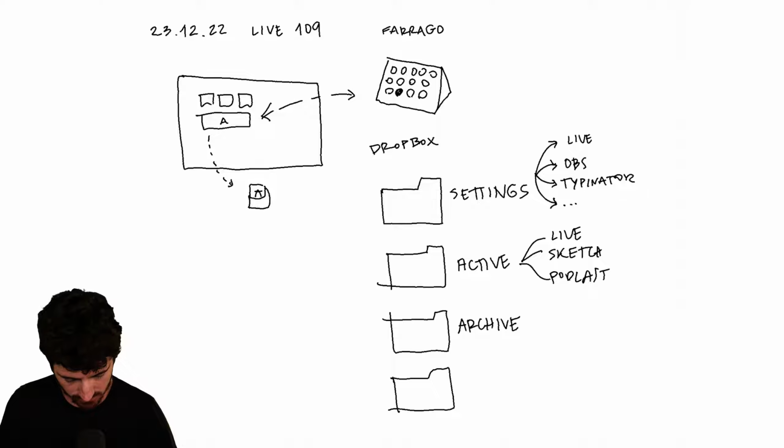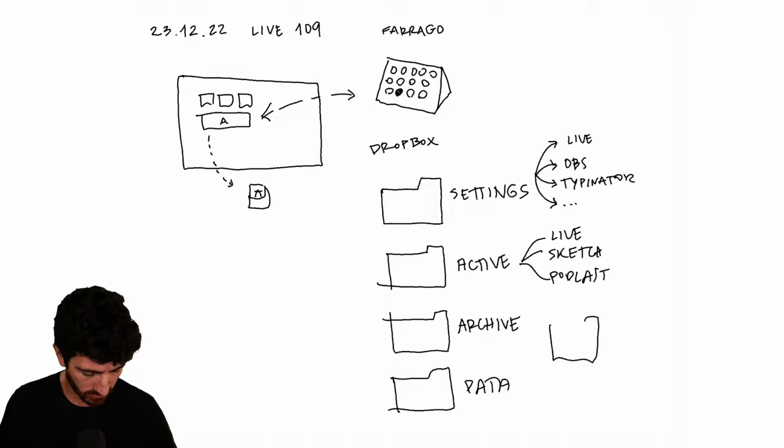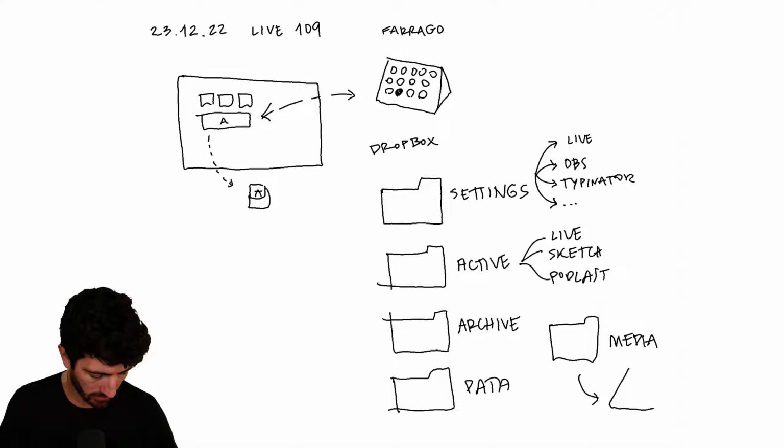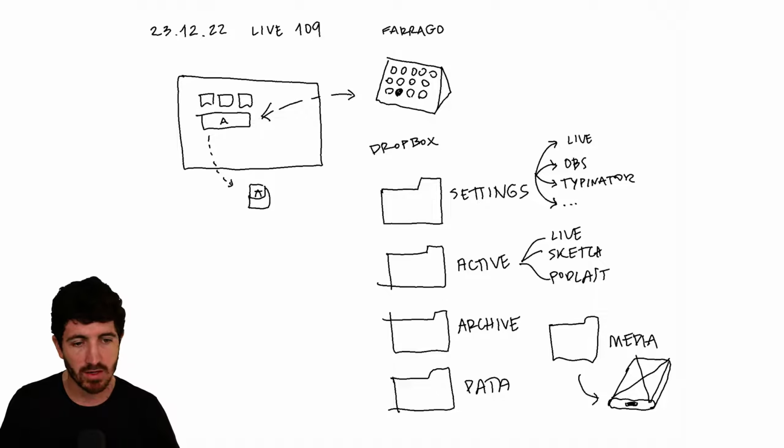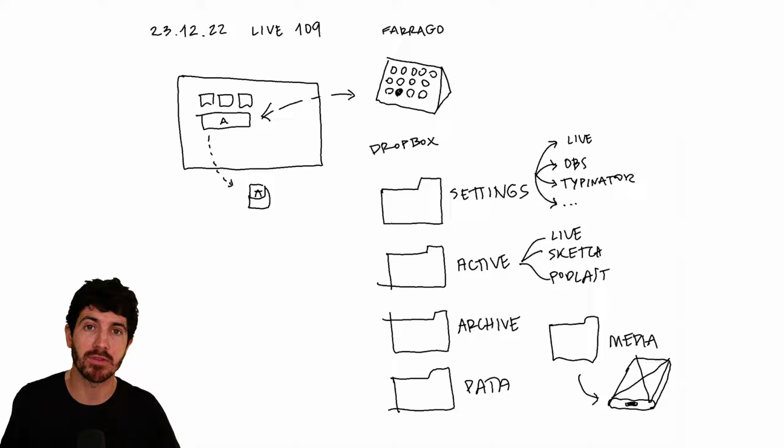Then we'll have some data stuff. And I'm also going to have like a media folder for big files, and that would be in between my folders in Dropbox and some SSD drives that I've got recently, where we probably don't want to have everything on the cloud.